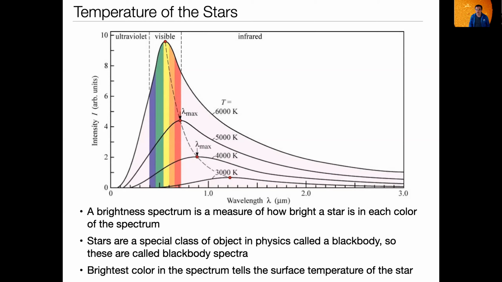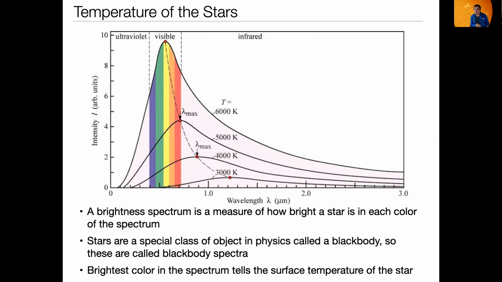We usually call this a brightness spectrum. It's basically how bright does the star look through one of those little filters. Now you'll see there's a whole bunch of different curves here. There are 4 different curves in this graph. So I just went to 4 different stars and I measured the color of the star through all the different filters, and I get these different curves.